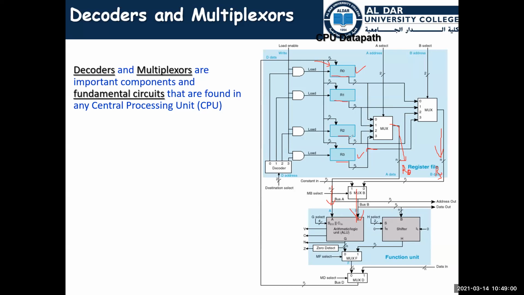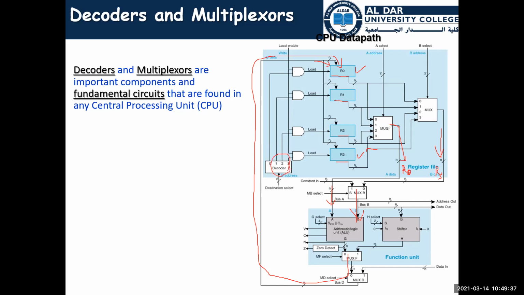I want you to know how multiplexers are used, just to select the registers, and then according to the values passed to the arithmetic logic unit, we will do the addition, and then the result will be back again to the registers. If you see, this path is back again to the register. The data will be passed to the register according to a signal from what? From the decoder.